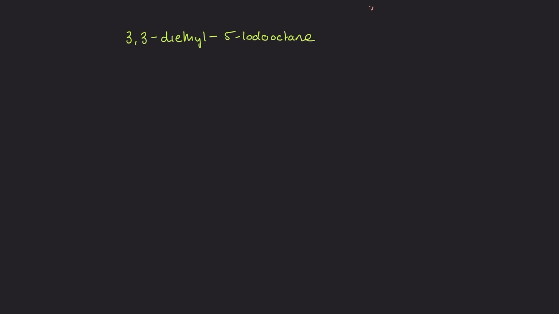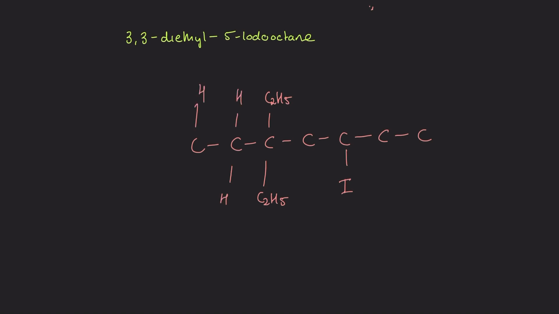So try and do that one. Okay, if we do that one, we're going to have 8 C's, and on the third carbon, we're going to have 2 ethyl groups, C2H5, C2H5, and on the fifth one, we're going to have an iodine group, and then the rest you can just saturate with H's.